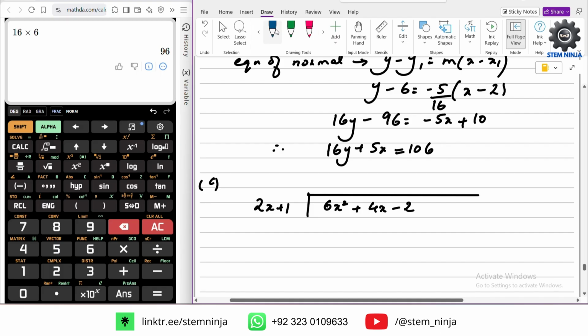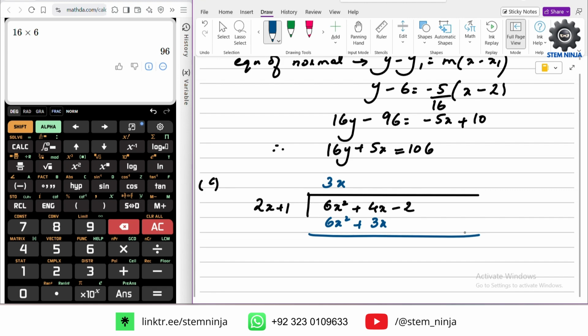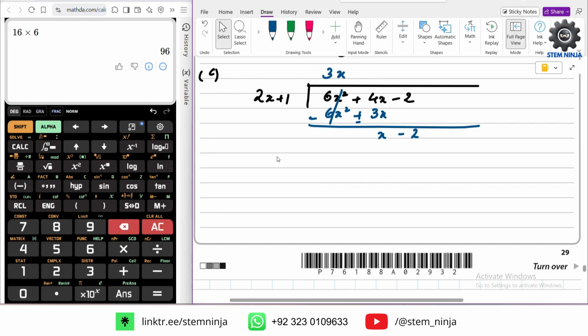Right, okay. First off, 3x. So this would become 6x squared plus 3x, minus, x minus 2. So I don't think we can do anything further than this. So this would be 3x plus x minus 2 over 2x plus 1. Actually, we can still.